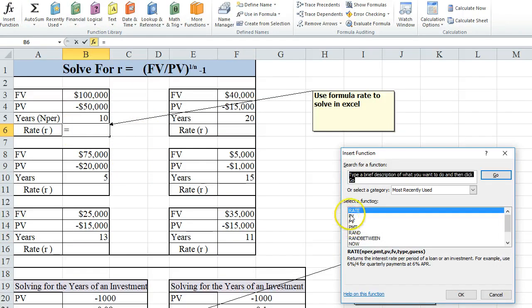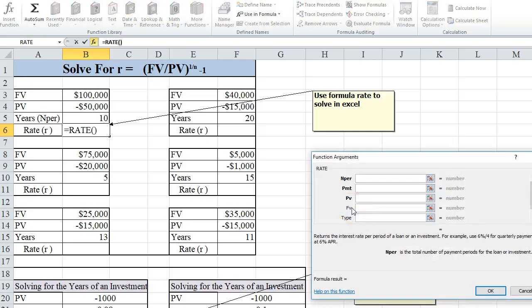Let's use the rate formula. Okay, so these are all annual problems. Like I said, we're going to assume annual unless it specifically says semi or quarterly. So any problem where they have just the years and don't express what the compounding frequency is, we assume it's going to be annual.